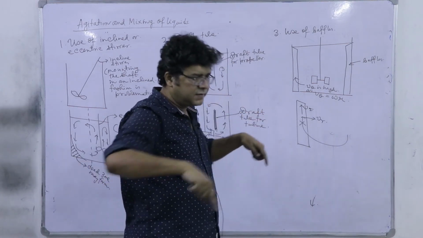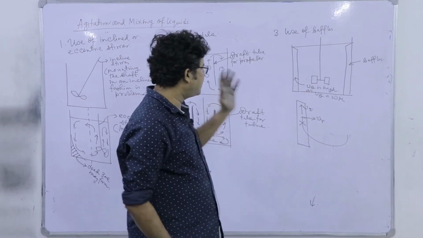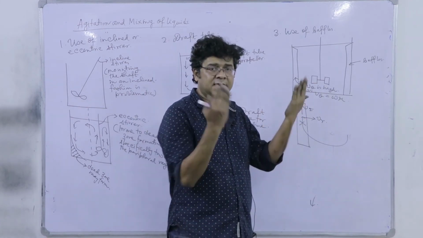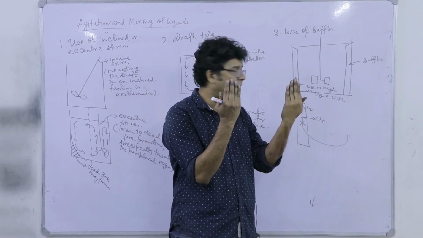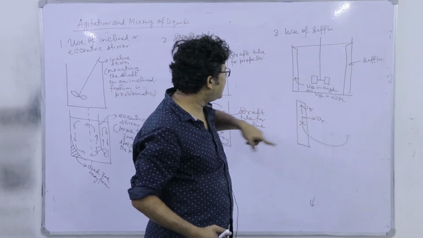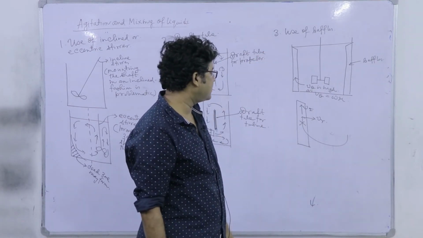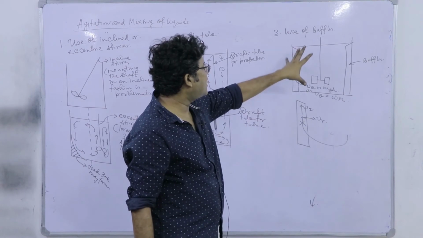So a large circulatory path line which we may expect in an unbaffled tank will now be hindered because of these baffles, which are welded to the inner surface of the cylindrical tank, and it will hit there and be effectively converted to VR and VZ. So that is the use of baffles.